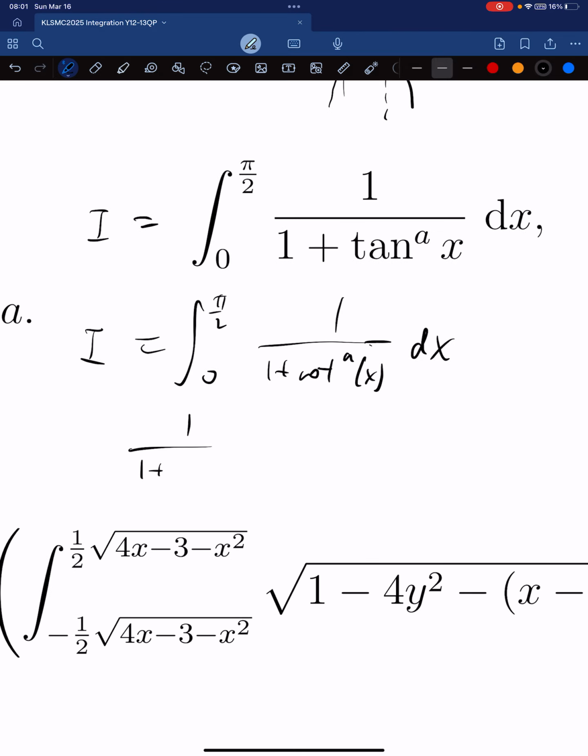But now let's consider this. What is the sum of the two integrands?